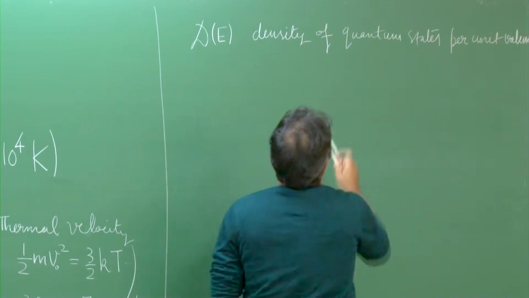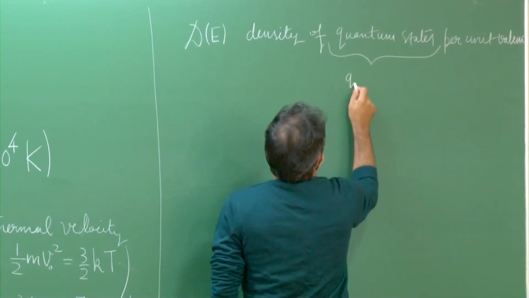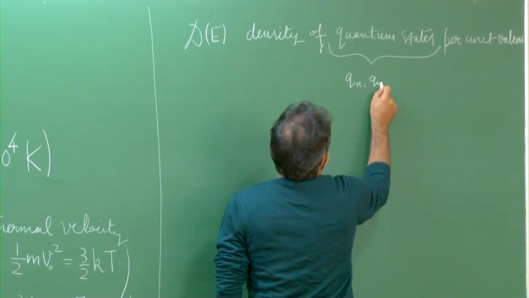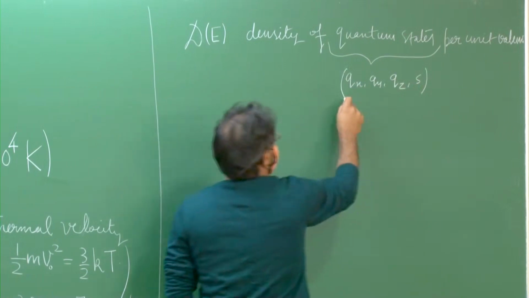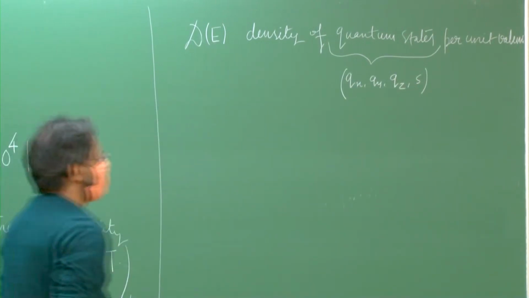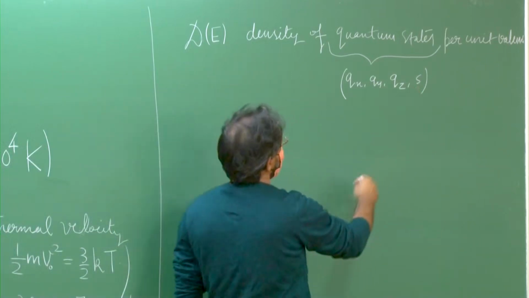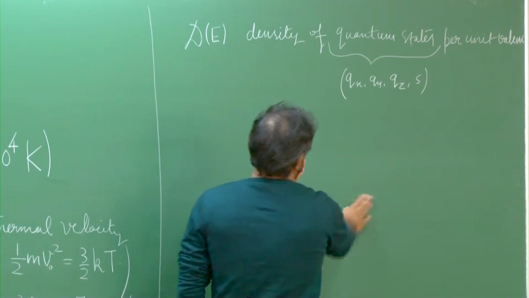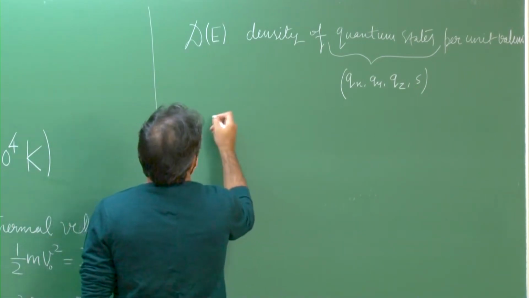And a quantum state is what? A quantum state is just this Qx, Qy, Qz and the spin quantum number. These 4 quantum numbers define a quantum state, right. And this S can take 2 values, plus half or minus half, repeating myself.